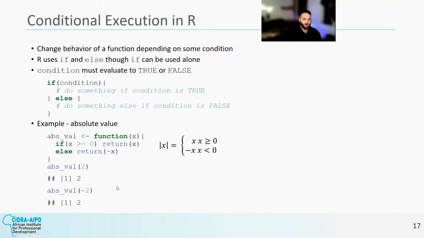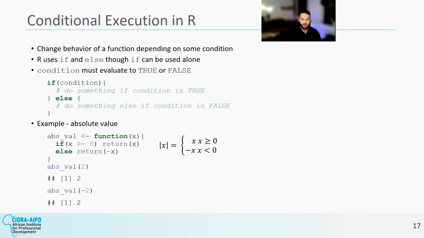So to put that in our code is pretty simple. We set x to be the input in the function, and we use an if-else statement. So if x is greater than or equal to 0, we return x, else. So if x is less than 0, because it's the opposite of greater than or equal to 0, we return the negative value of x.